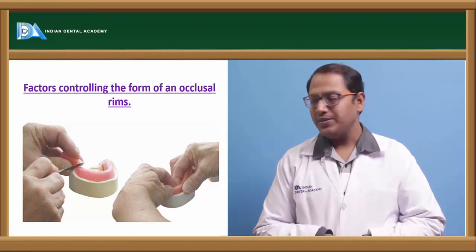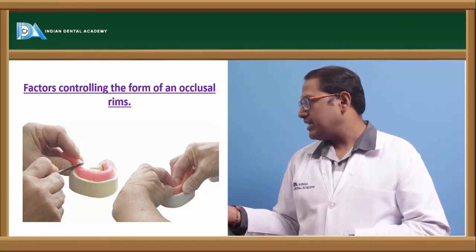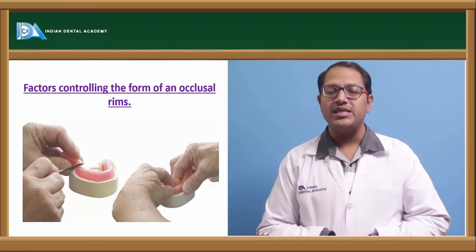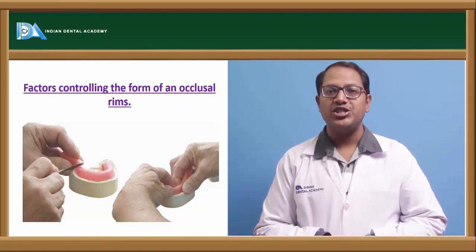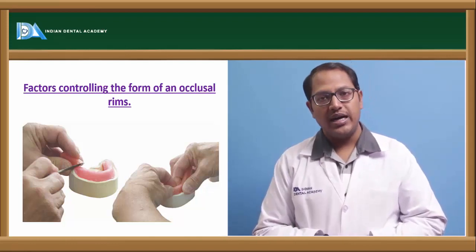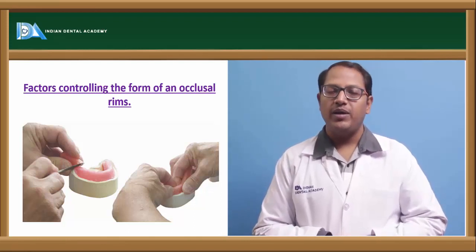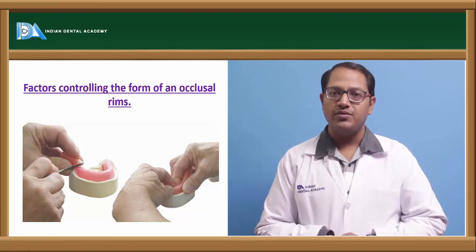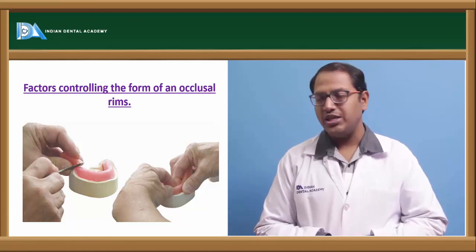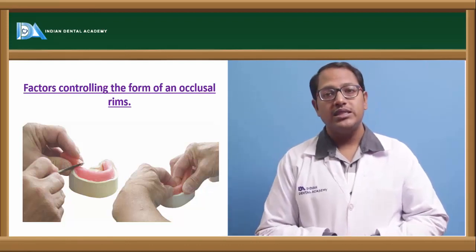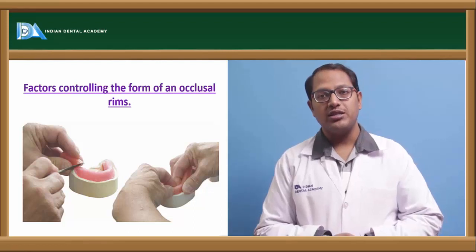Coming to the other factors which will be controlling the occlusal rims, yes, of course, the size and the shape of the arch. Now if my arch is U-shape, my occlusal rim will also be a U-shape. If my arch is a V-shape, the occlusal rim will also be somewhere near to the V-shape. Also, it will be determined patient to patient.